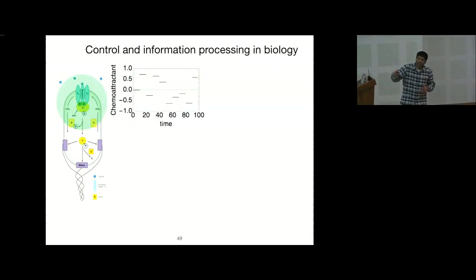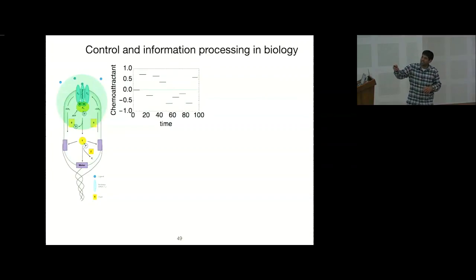I want the cell to perform a very, very specific signal processing goal. But everything here, all these objects, are governed by the laws of statistical mechanics. So the question is, how does it happen? How can the cell take the signal and efficiently only sense these points, and in some sense adapt to these new concentrations? So when the chemoattractant concentration hits a constant again, I want the cell to go back to how it was running and tumbling.